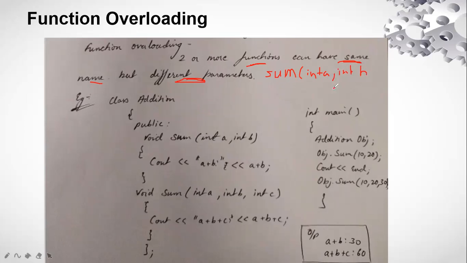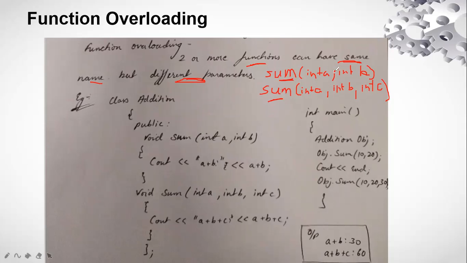We can have one more function with the same name, sum, and here I can have three parameters: int a, int b, comma int c. So these are two functions with the same name but a different number of parameters.